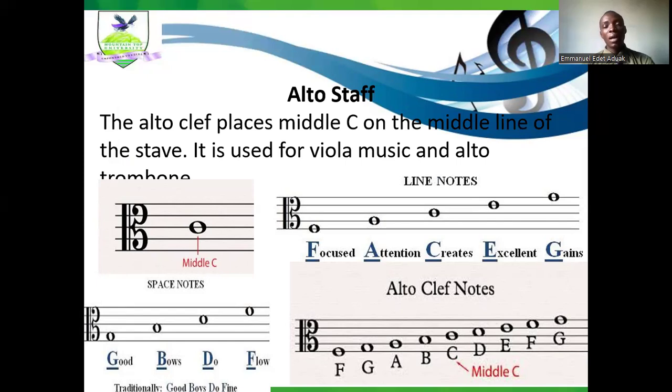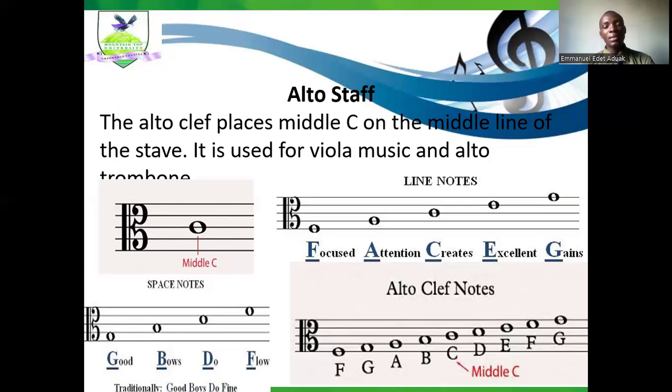This is used by either viola or alto trombone, the other instrument that uses the alto staff. Now, in the alto staff, middle C is line 3. Line 3 is the middle C.